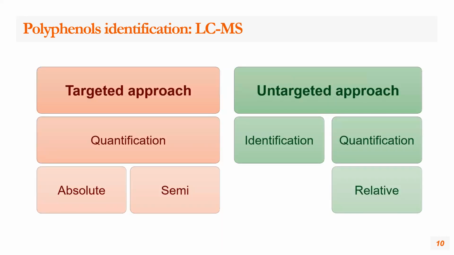So as I mentioned, there are two approaches. The targeted one is mainly for quantification. There are two different types of quantification. There is the absolute quantification. It's using a standard, the same standard of the compound that we're measuring. Or there is something called semi-quantification. If we use a compound with a similar structure, because some of the compounds have no standards available, the semi-quantification is the best approach available.